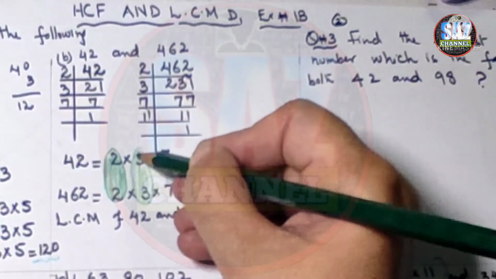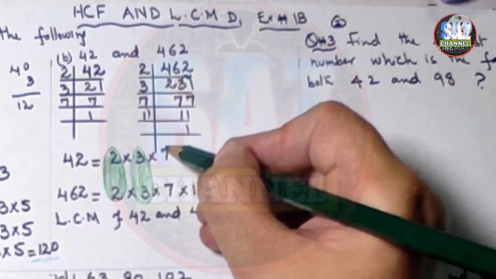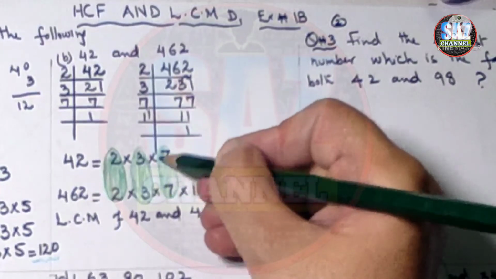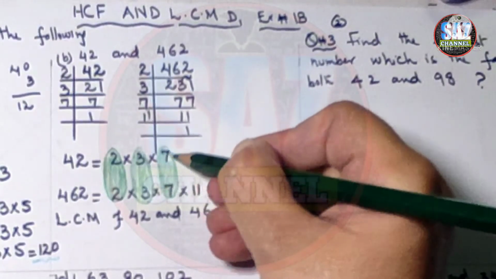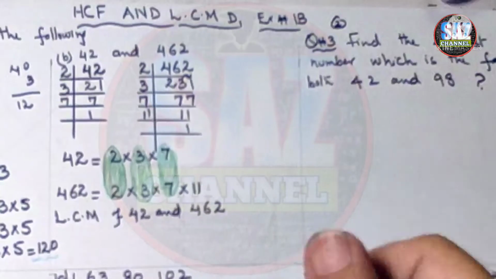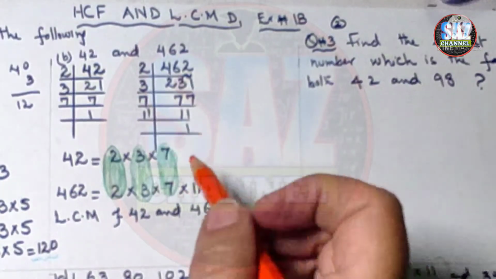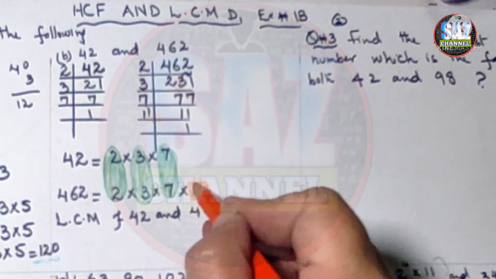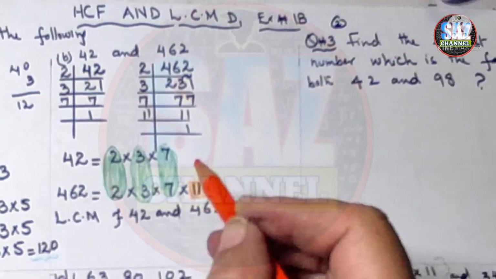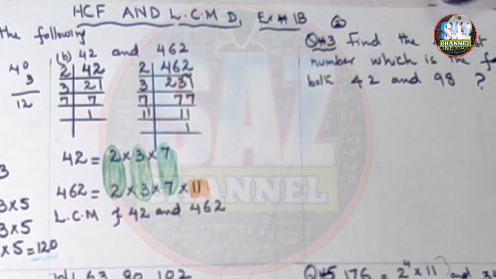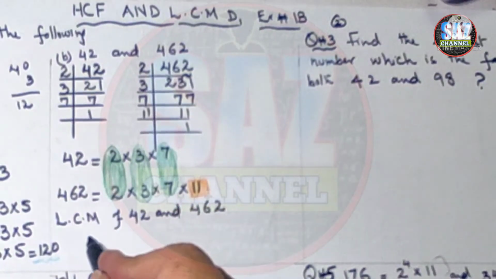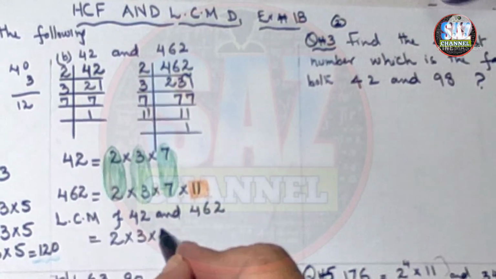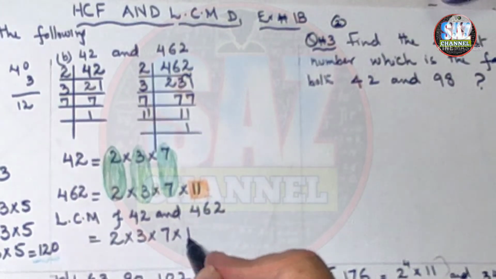So I will pick up this number as it is, and 7. These 3 numbers were common with index 1, and now 11 is the number which is not in the other number, but as LCM is a product of common and non-common factors, LCM will be 2 multiplied by 3 multiplied by 7 multiplied by 11.